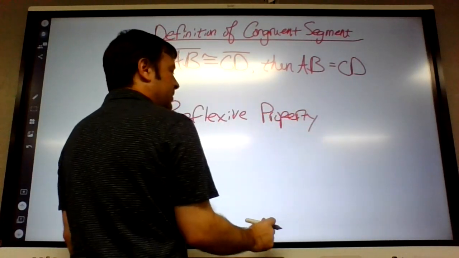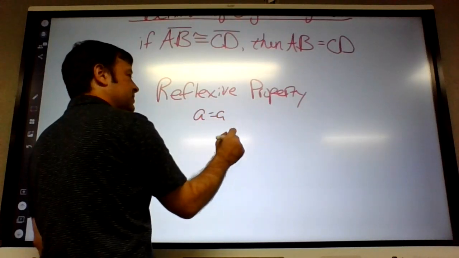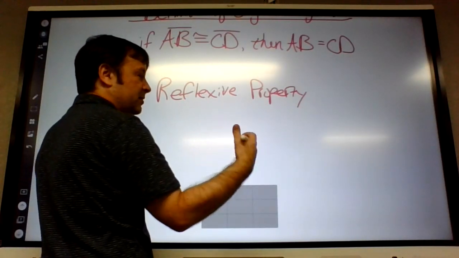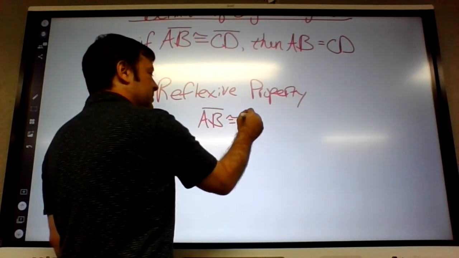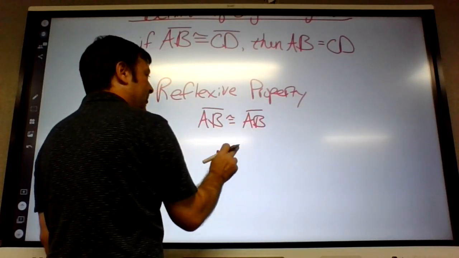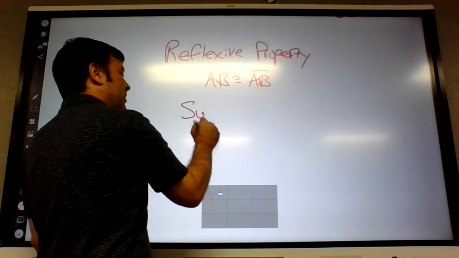It's where you have like A equals A. Something is equal to itself. So if you're talking about reflexive property of congruent segments, it would be segment AB is congruent to itself, AB. That's reflexive property. Symmetric property.